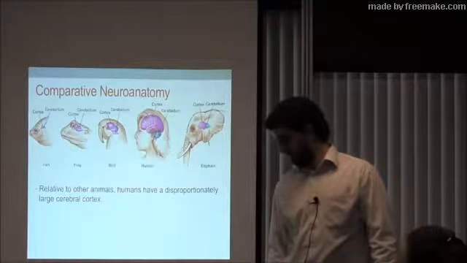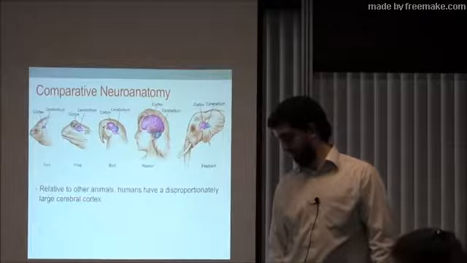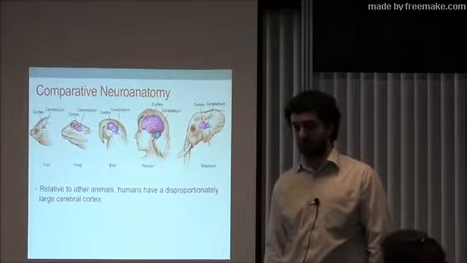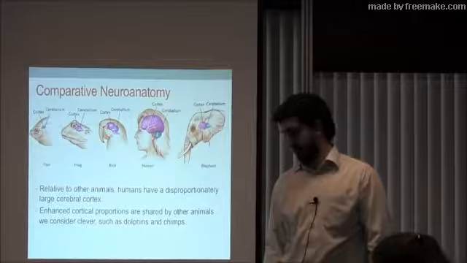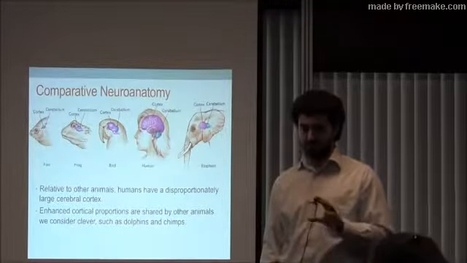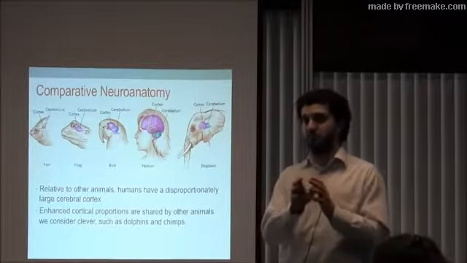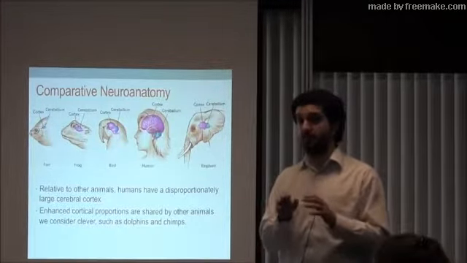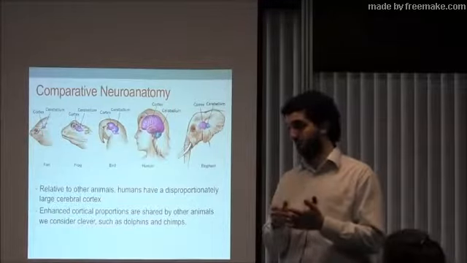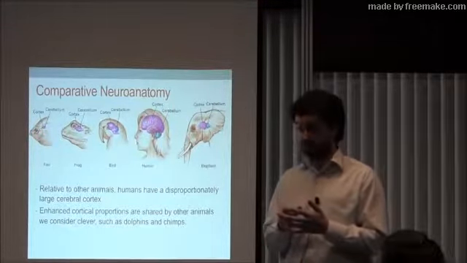So humans generally have a disproportionately large cerebral cortex, and other vertebrates that also have a relatively large cerebral cortex are considered smart, or higher order animals.